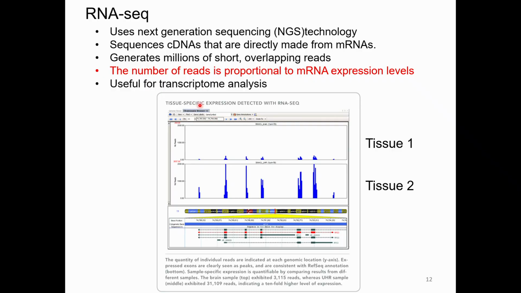And what you can end up doing is you get all of this data, and then you have a million different 50-base sequences, but 50 bases is a unique sequence in the human genome, and the computer matches up where that sequence should be in the human genome. So you align all those sequence results, sequence reads, to the reference genome, which is the human genome. And here we're just looking at a portion of the human genome, and we can see this pattern in tissue 1. Each one of these is counting up where you got a sequencing reaction.